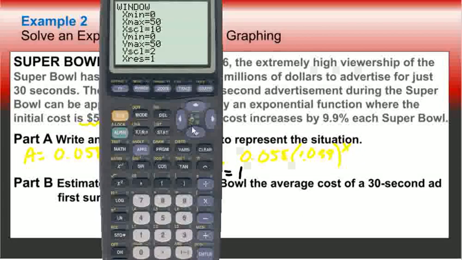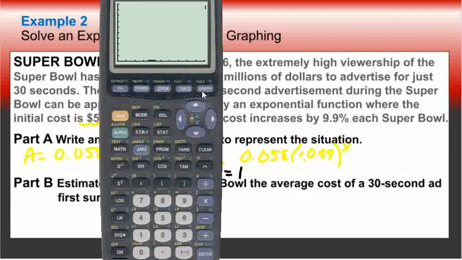The maximum, let's just make this 10, and this one, let's go 10 as well, count by ones. Might have to expand my x so we can see.